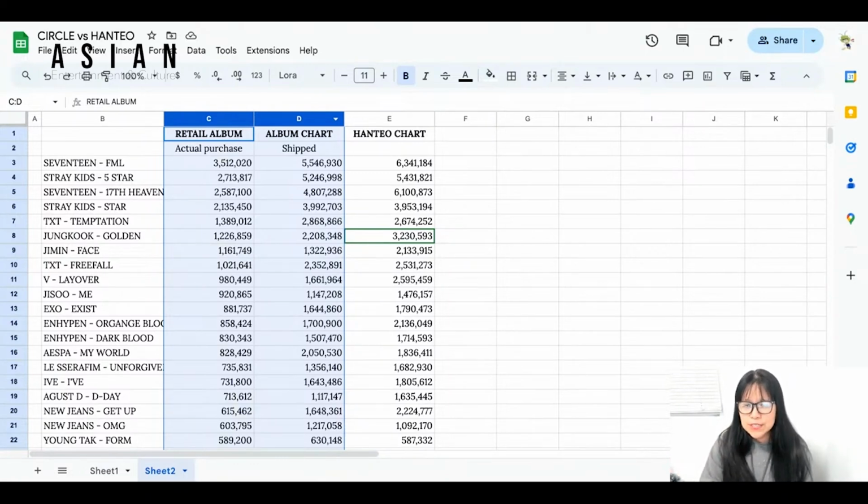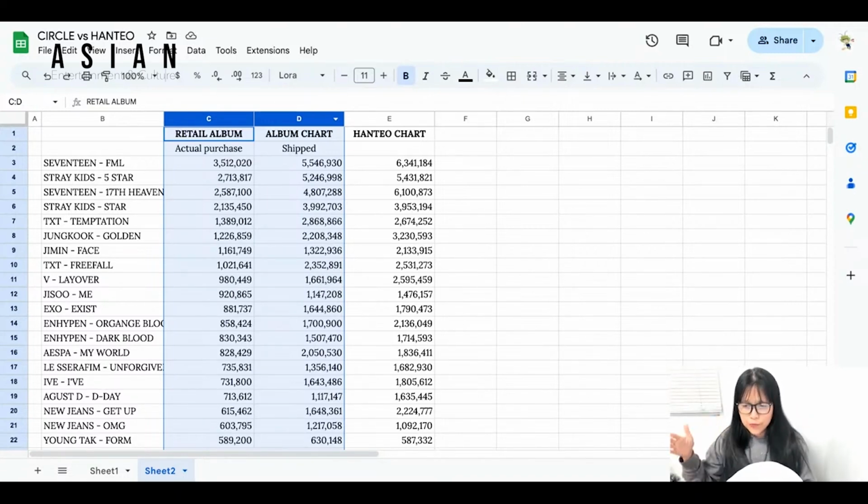So the question is, why is there such a huge difference? The unofficial explanation I got from people is that Circle Chart actually follows the same principle as Billboard, meaning they don't count repeated purchases. So a single credit card may only buy a certain number of copies.